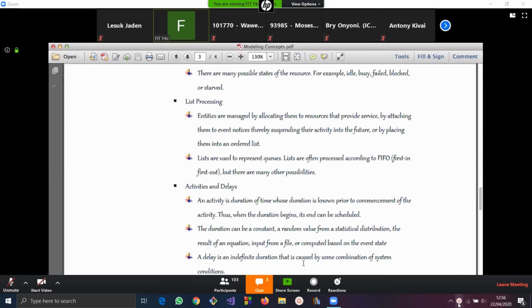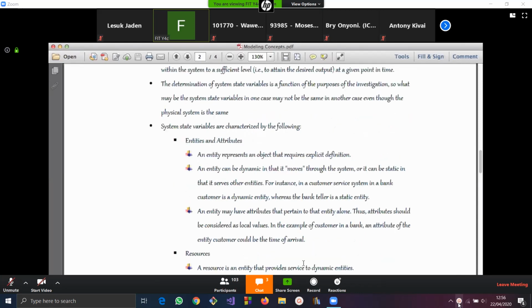Having looked at what we call the state variables, I need to give a recap. System state variables are all attributes of a system.